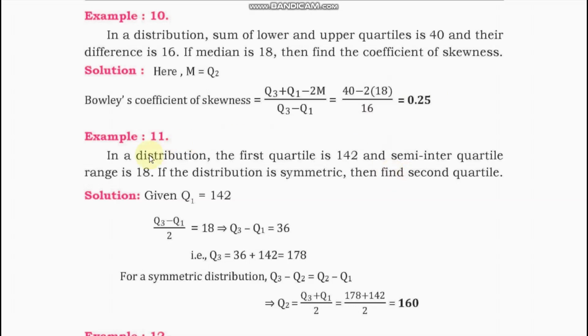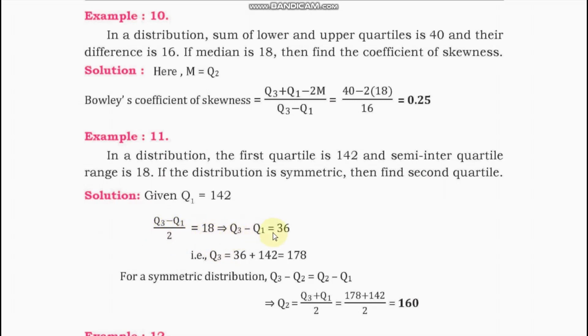Okay. Next, in a distribution, the first quartile is 142 and the semi-interquartile range is 18. If the distribution is symmetric, then find the second quartile. So given Q1 is equal to 142, and the semi-interquartile range, that is the quartile deviation, is given as (Q3 minus Q1) divided by 2 is 18.